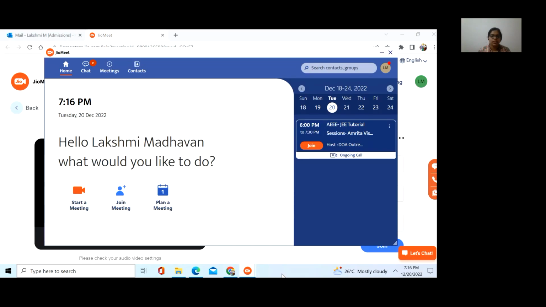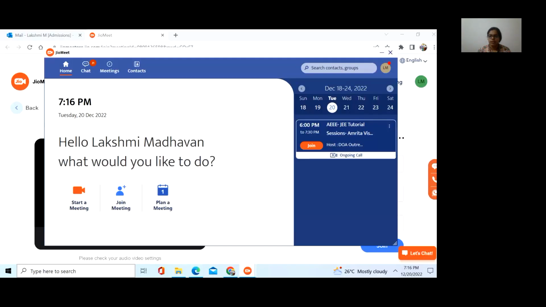Can we discuss this question? Is the screen visible? Is there any issue? I could see someone typing, but I'm not able to view the screen.